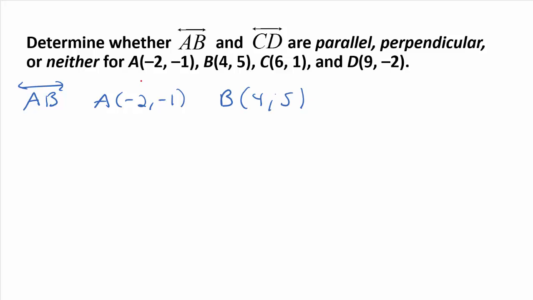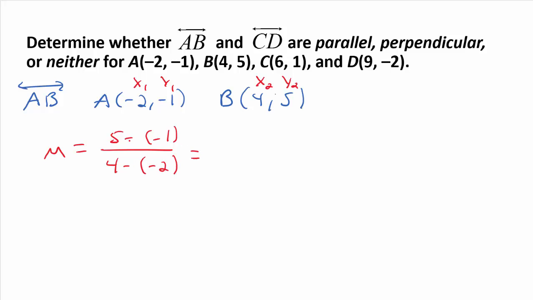I'll label these X1, Y1, X2, Y2. And we want to find this slope. That's going to be 5, Y2, minus -1, which is Y1, over 4 minus -2. 5 plus 1 is 6, 4 plus 2 is 6. 6 over 6 is going to be equal to 1.